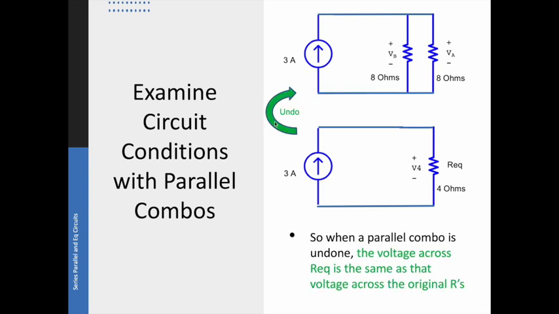So, if we have the simplified version here, if we know its voltage, V4, and we know that it came from a parallel combination, then we know the voltages VA and VB to be exactly the same as V4.